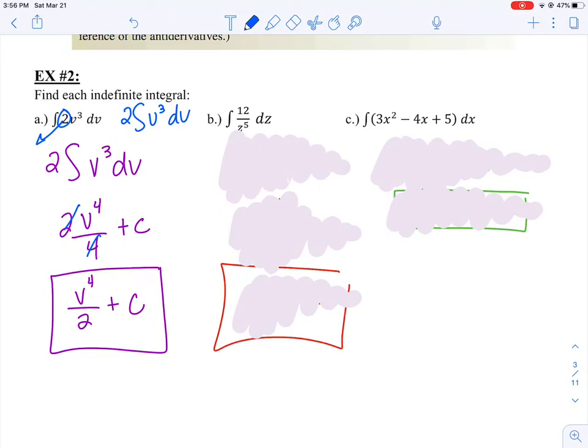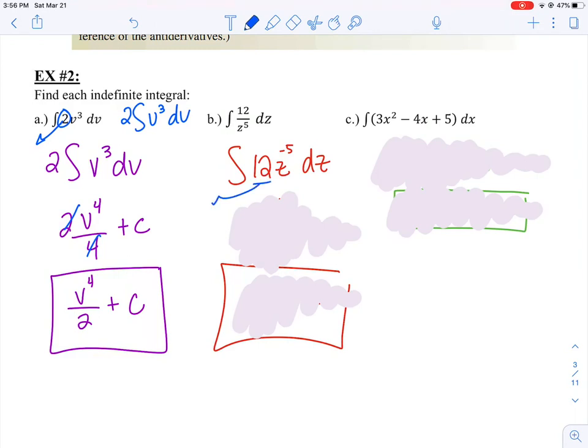Okay, look at b with me. On b, I notice that there's a variable in my denominator, but remember there is no quotient rule with antiderivatives, so we must be able to rewrite this somehow so that we don't have to use quotient rule. And so I brought that z to the negative 5 up next to the 12, and so I now have 12 z to the negative 5th, and I'm going to find the antiderivative of that.